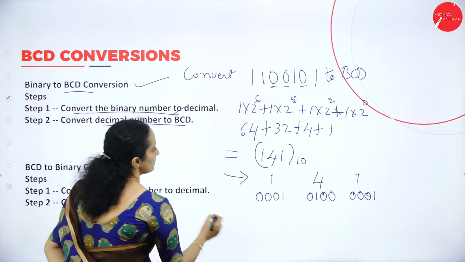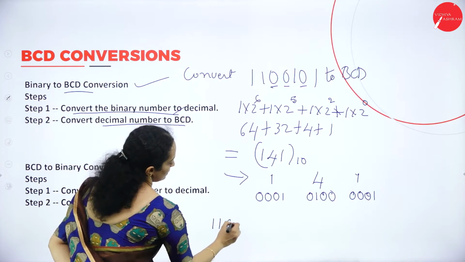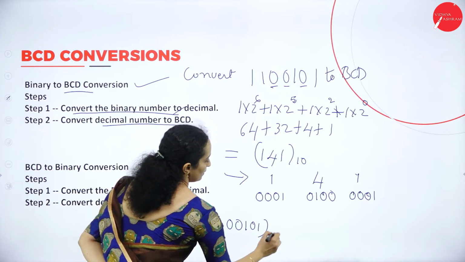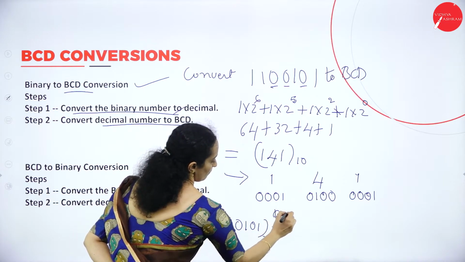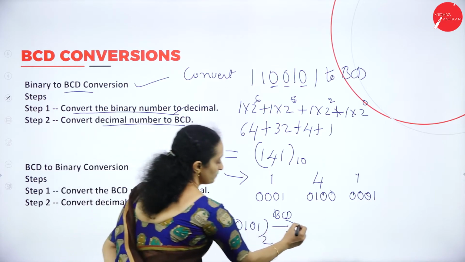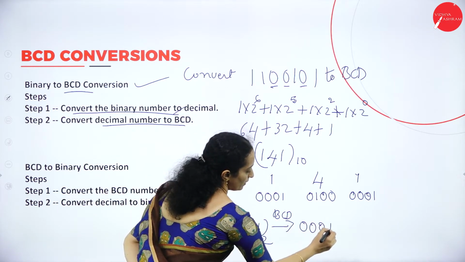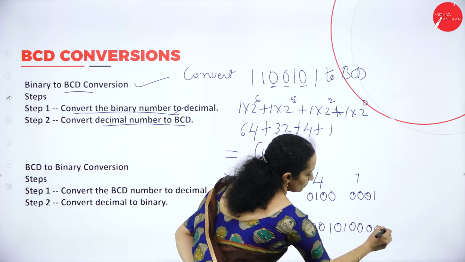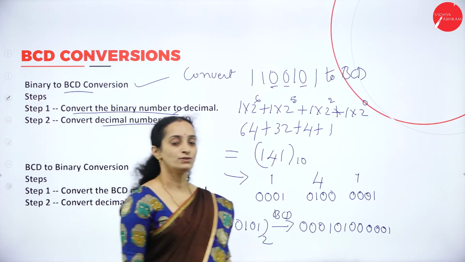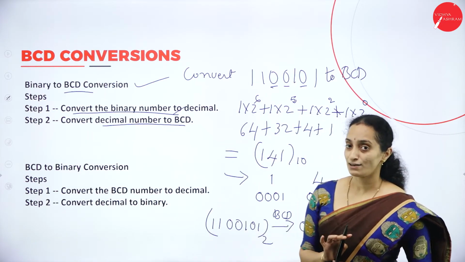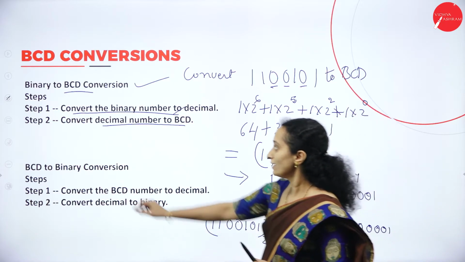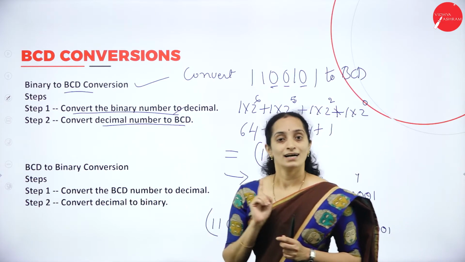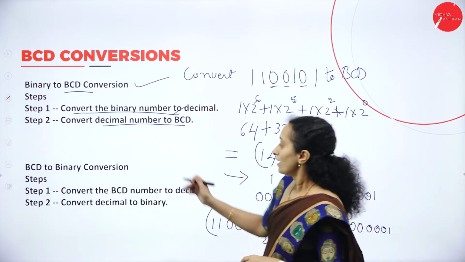Now, the answer for 11000101, the BCD form, will be 0001 0100 0001. Okay. So, this is how you can convert a binary form of data representation to the binary coded decimal. It is binary, but it is a coded decimal.